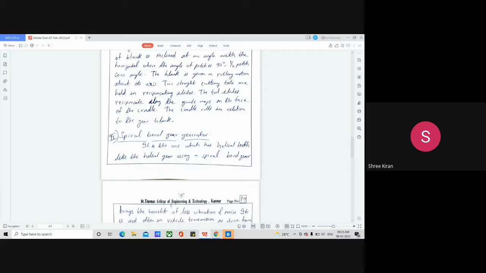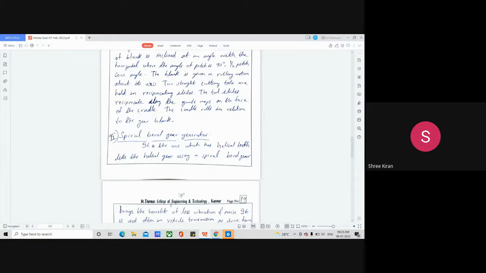It is the one which has helical teeth, like the helical gear, using a spiral bevel gear. Spiral bevel gear generators always mean that it has helical teeth. It also brings the benefit of less vibration and noise.